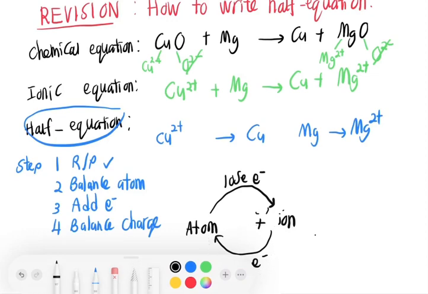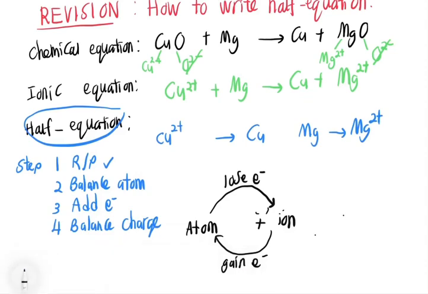So you can write that, gain electron. But then now we have another problem. Where do we write the electron? If we lose the electron or we gain the electron, where do we write the electron?